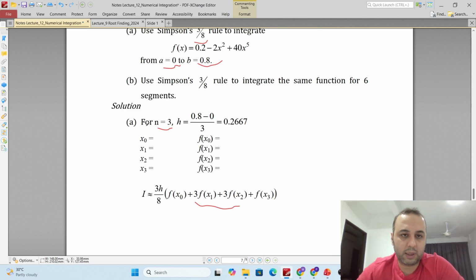So in that case, n equal to 3 means 3 steps, 1 2 3, 3 segments. Where segments is, if it is just a curve, 1 2 3 4, 1 2 3, 3 segments if this is the x-axis and y-axis. Okay, again 0.